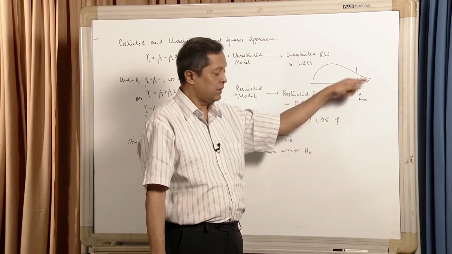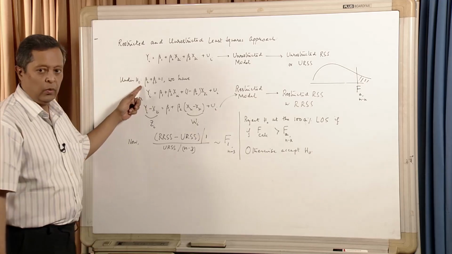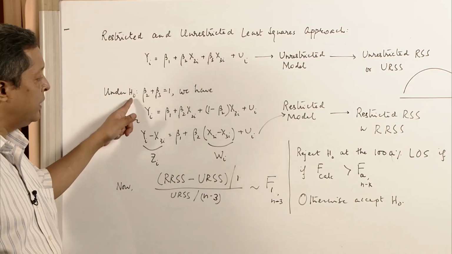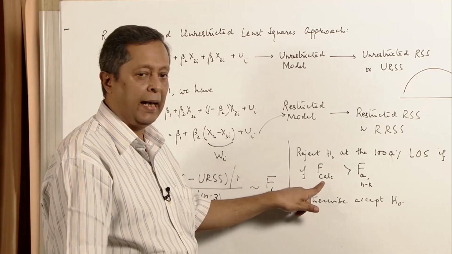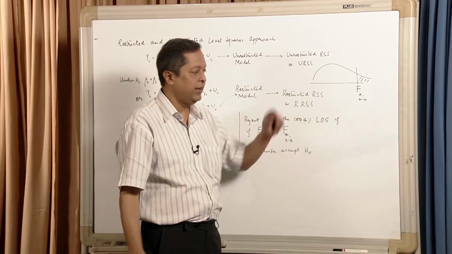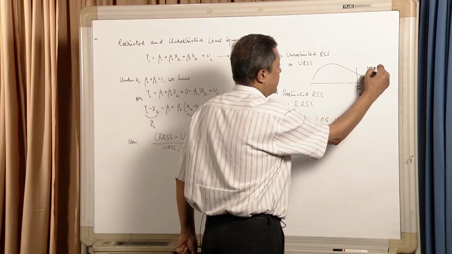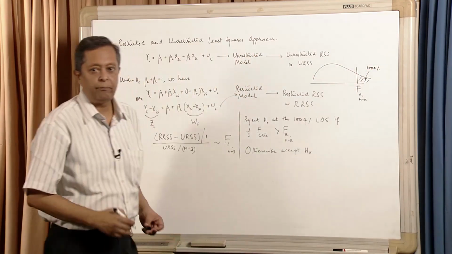However, if it does lie to the right, then we have reasons to suspect whether this is true. So, we reject H naught if f calculated lies to the right of f alpha with n minus k degrees of freedom, where this has 100 into alpha percent probability.